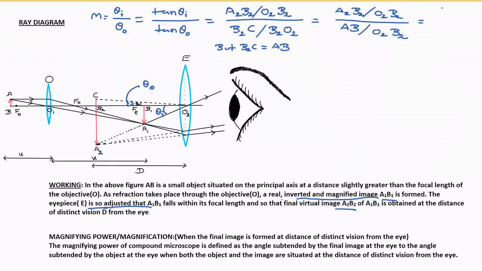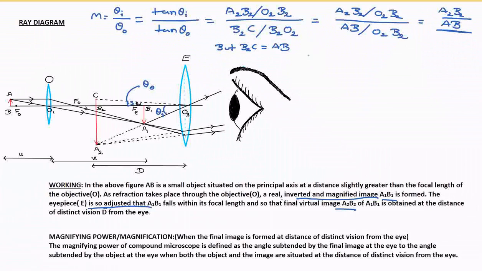So this is equal to A2B2 divided by AB. Again, we know from the definition of magnification that it is the size of image to the size of object. So here the final image is A2B2 and the object is AB. So it is in accordance with the definition of magnification.